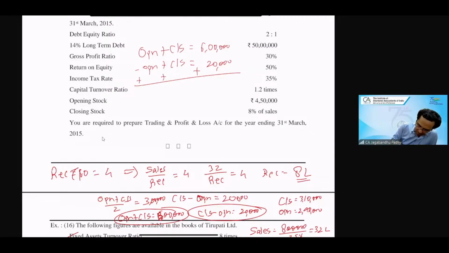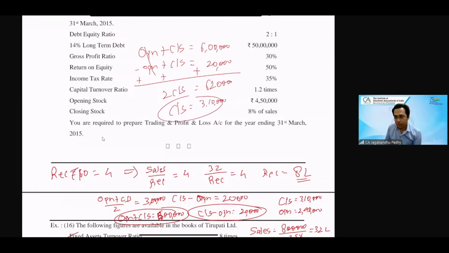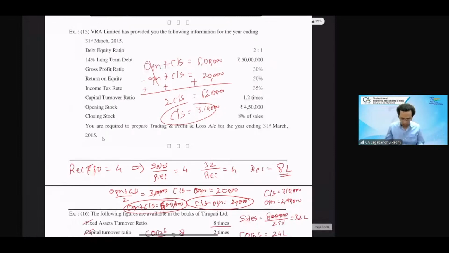This will also be plus, this will also be plus. So 6 lakh plus 20,000 is 6 lakh 20,000. And this is 2 closing. So the opening minus opening will cancel. So closing will be 3 lakh 10,000. And once closing comes, you can substitute in any one of them to get the opening. Okay sir, understood.